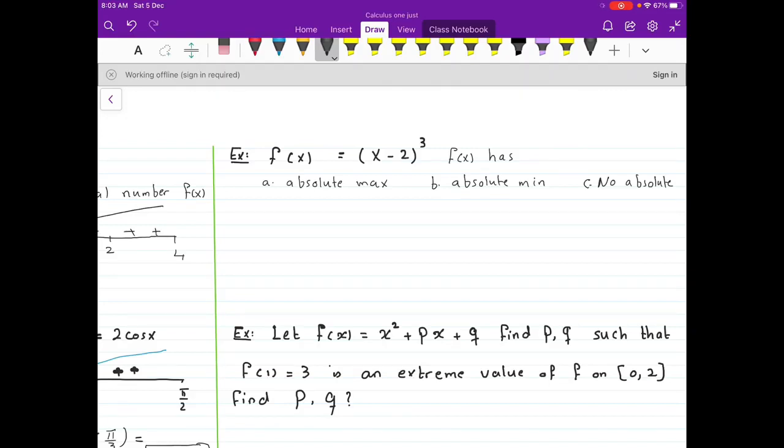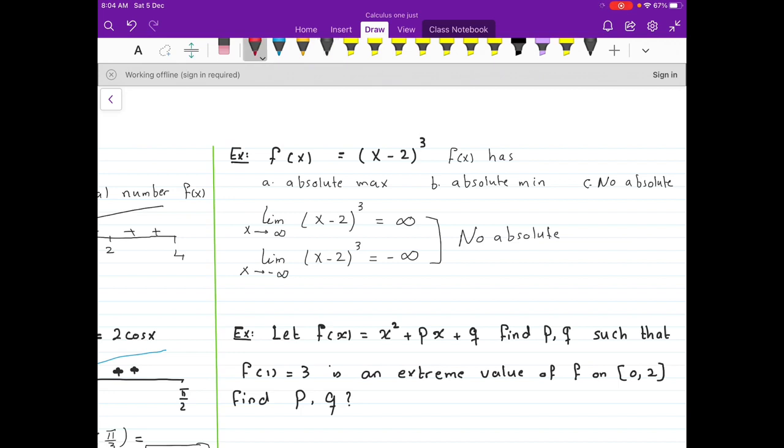But this function is continuous on R. If we study the behavior of the function at infinity and minus infinity: the limit as x approaches infinity of (x − 2)^3 equals infinity, because it follows the highest power. And the limit as x approaches minus infinity of (x − 2)^3 equals minus infinity. That means it has no absolute max or minimum.